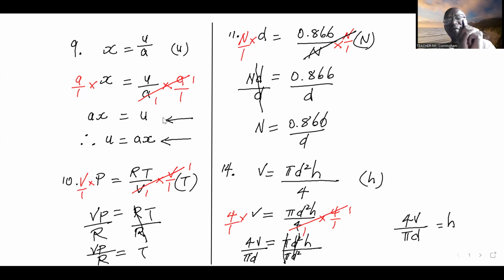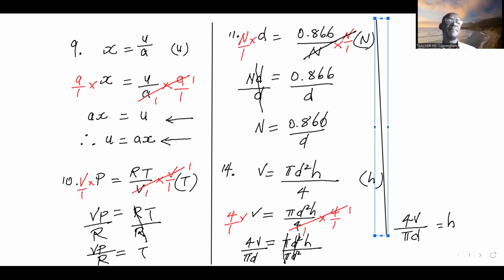So it will now be 4V equal to pi D squared H. Let me just get some space and draw a line here.